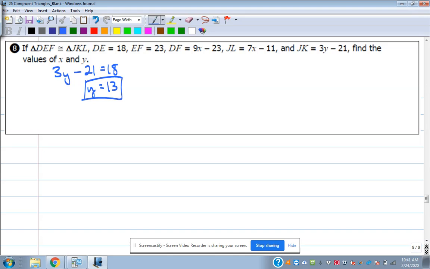Now, got to find x. DF is equal to JL. DF is congruent to JL because of corresponding parts in the congruency statement. So up here, DF and JL are in the same spot. So we could set these two things equal to each other.